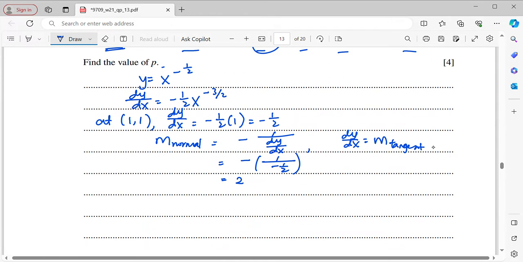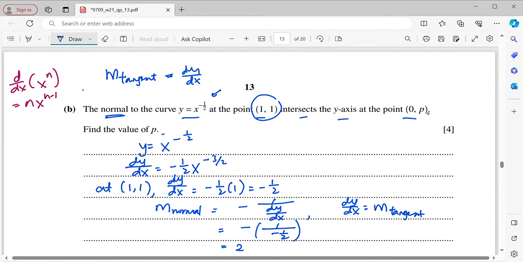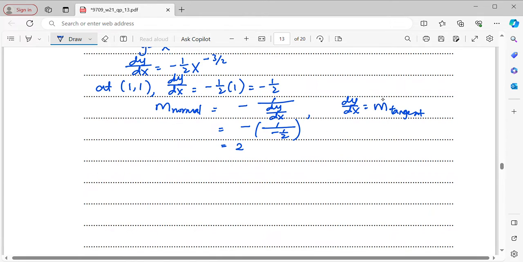Since you were given that the normal at the point 1, 1 intersects the y-axis at this point, that means now we need to form the normal equation first. What is a normal line equation? So now the equation of the normal at 1, 1. The formula is y minus y1 equals m bracket x minus x1.